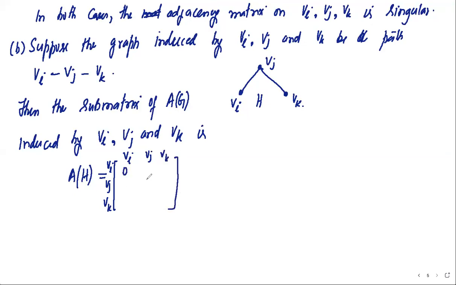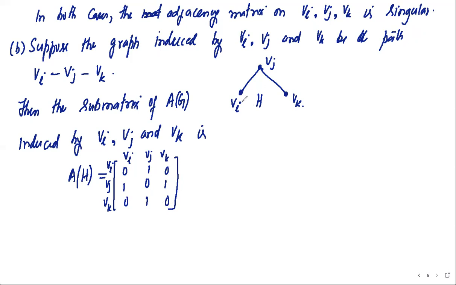Now the diagonal entries are all equal to 0. Vi is adjacent with Vj, so here we will have 1. Vi is not adjacent with Vk, so here we will have 0. Now Vj is adjacent with both Vi and Vk, so we have 1 here. We can clearly see that the first row and the third row are identical, and the first column and third column are also identical.